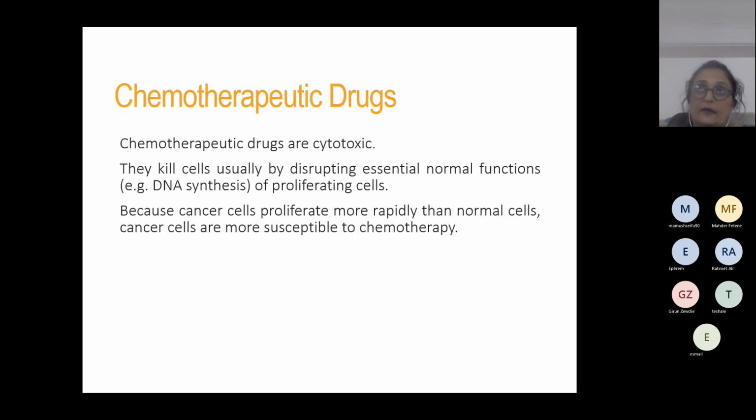Okay, and the other place where you have fast multiplying cells is the bone marrow, right? Now, bone marrow is a soft spongy tissue which is present inside the long bones like your thigh bone, your femur bone. Inside the bone marrow, the cell multiplication of RBCs, WBCs, and platelets takes place.